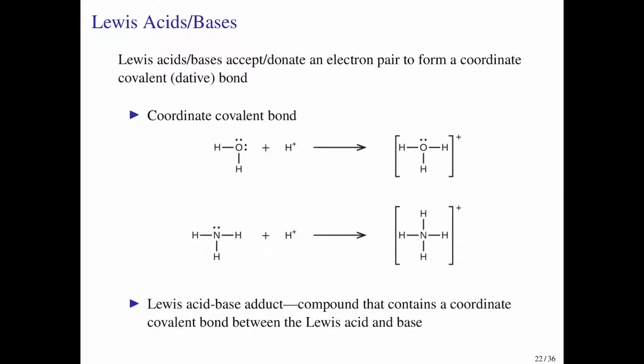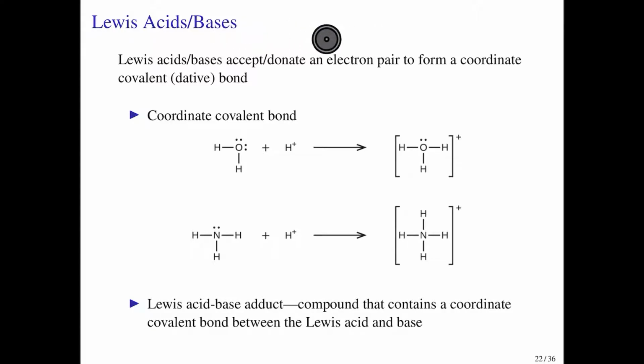And instead of involving a proton transfer reaction, the Lewis picture involves an electron pair. According to Lewis, an acid is a species that accepts an electron pair, and a base is a species that donates an electron pair.